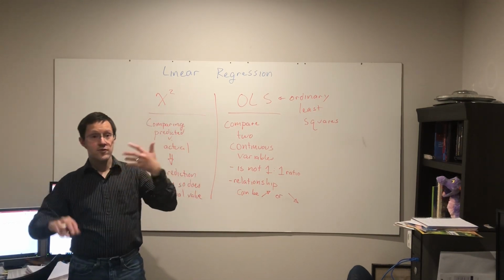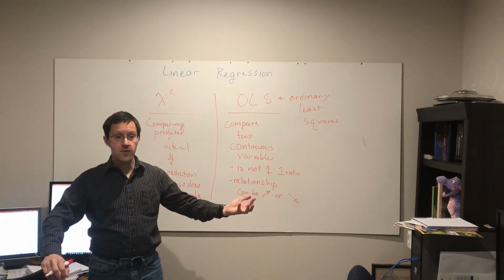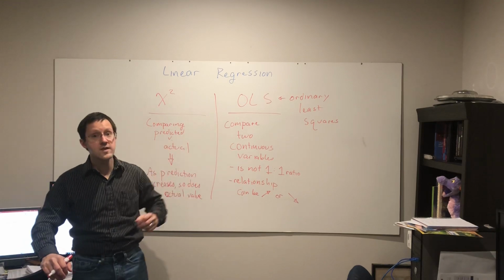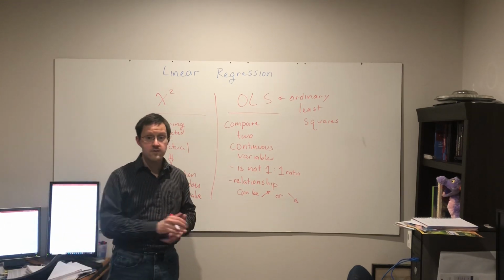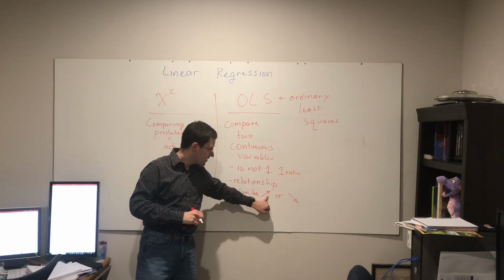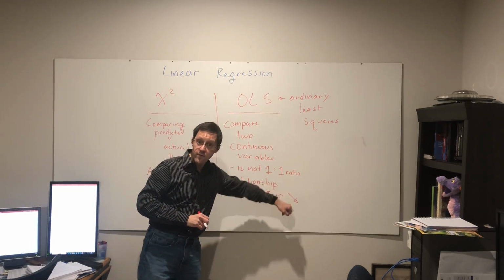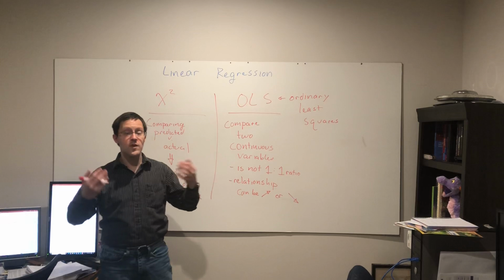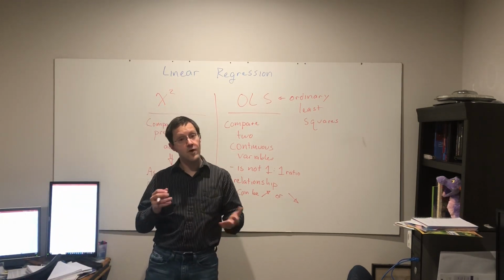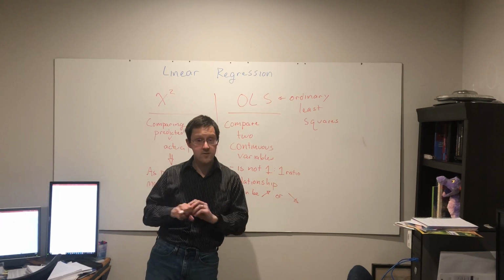Typically, as the percent of a population in a county with a college degree increases, so does the median income of that county. So that's a positive relationship. We can have a negative or inverse relationship. As one goes up, the other goes down. As the income increases, the poverty rate, we would hope, decreases.